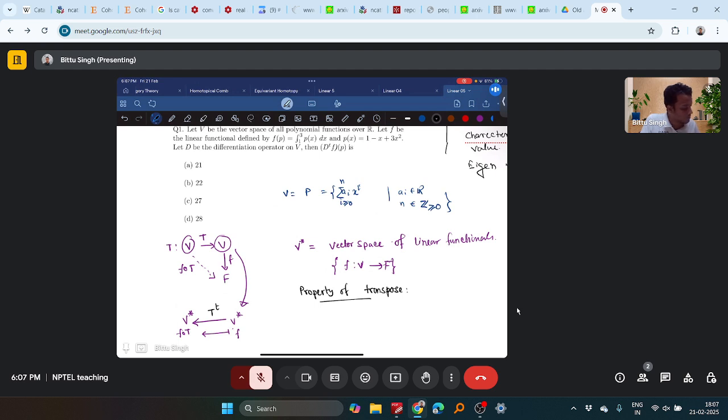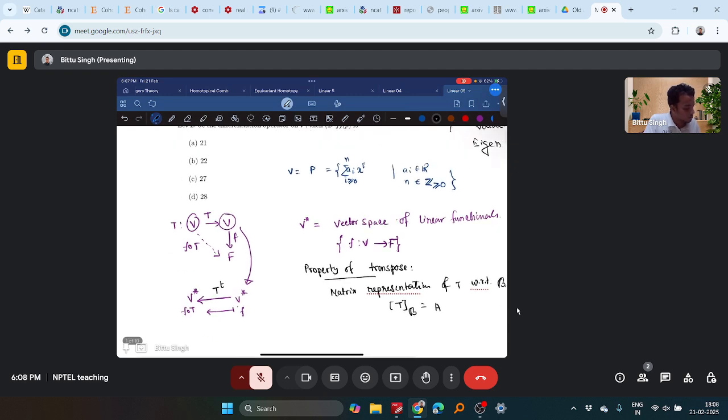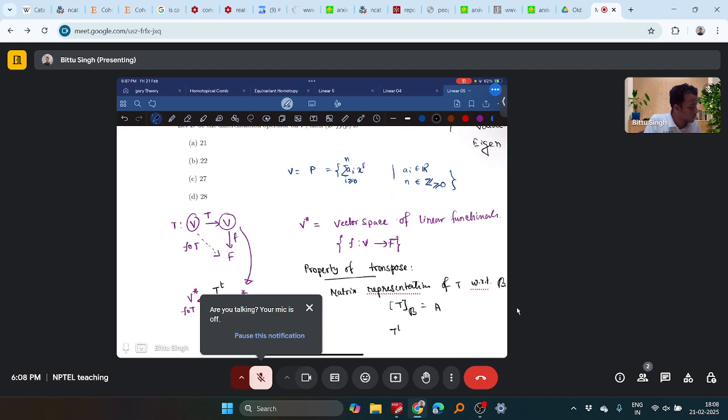If you take the matrix representation of T with respect to a basis B, and it looks like some matrix, suppose this is a matrix A, then consider T transpose with respect to the dual basis.